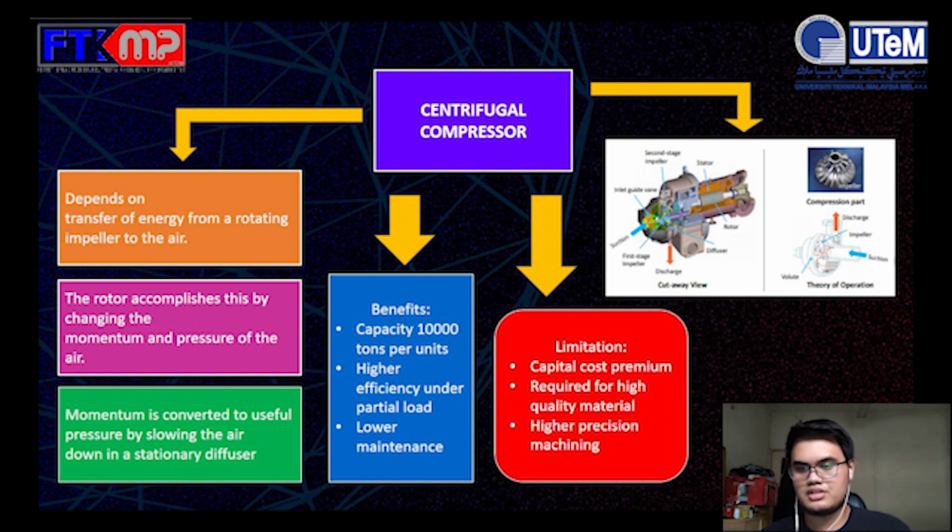There are some benefits of the centrifugal compressor. First, the capacity is 10,000 tons per unit. Second, higher efficiency under partial load. And lastly, lower maintenance. The limitation of the centrifugal compressor is the capital cost premium required for high quality material and higher precision machining.